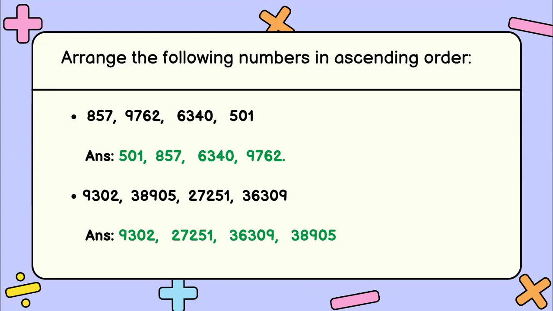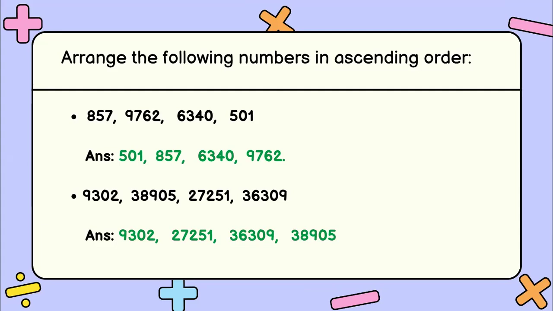In the second sequence, we have 9302, 38,905, 27,251, and 36,309. 9302 is the only number which has 4 digits in this sequence. So, we'll write it at the start of our list.